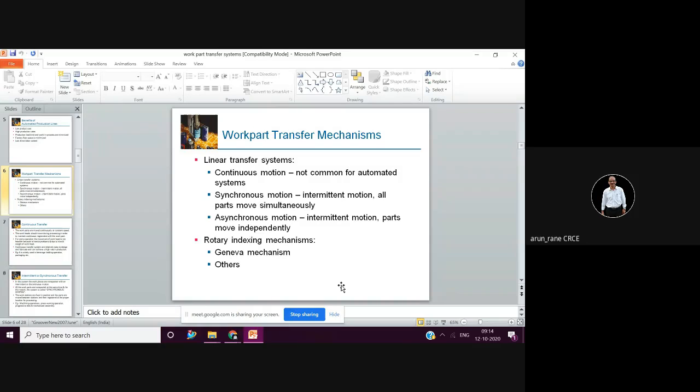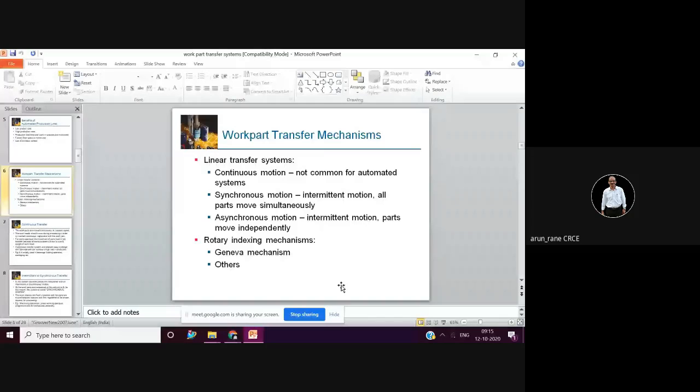But if you have a constraint on the length, but you can stretch a little across the width, then you can go for a U type line or an S type line, or you can go for rotary lines.